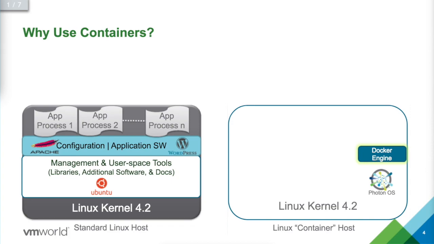Here comes the container technology. In the VM displayed on the bottom right side, we have now a minimal Linux OS with its kernel and Docker engine installed on top of it. This minimal OS can be Photon OS, which is developed by VMware.